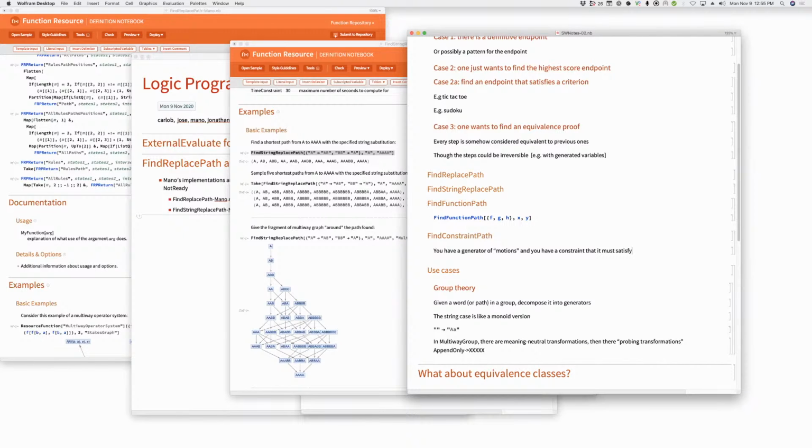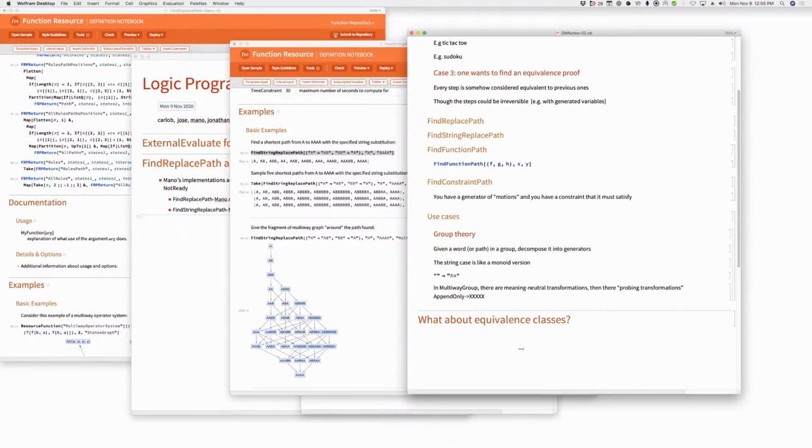Is that right? So in this case, you have a local constraint, yes or no? That constraint is intended to be a constraint on each application of the motion. Is that correct?